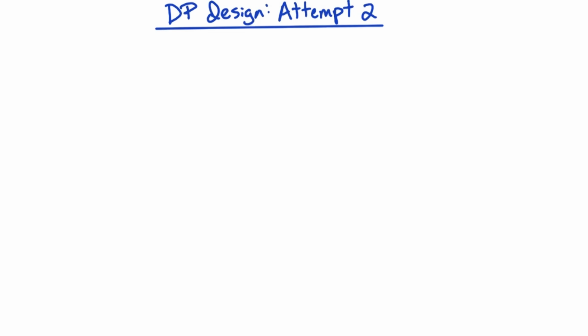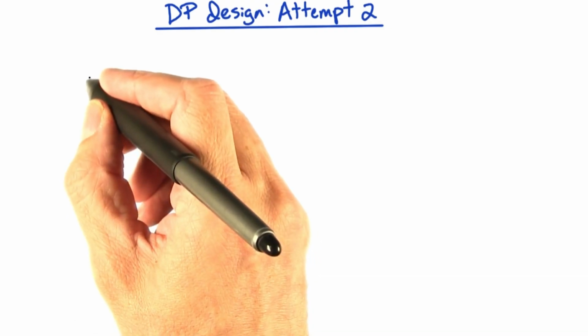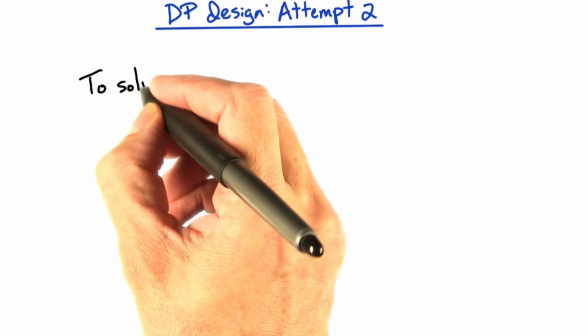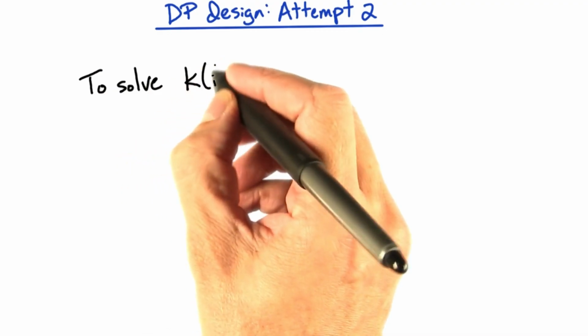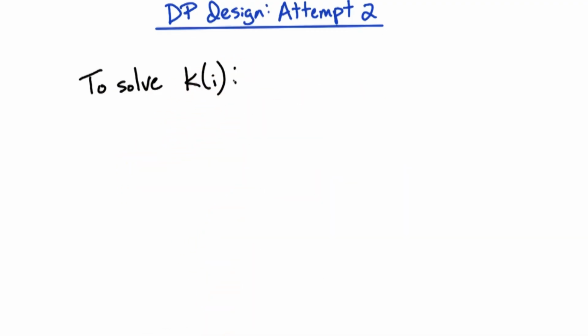Our initial attempt at a subproblem definition was K of i is the max value we can obtain using a subset of the first i objects. Now the problem was when we tried to express K of i in terms of the earlier subproblems K1 through K i minus 1, it wasn't sufficient to have the solution to K i minus 1.